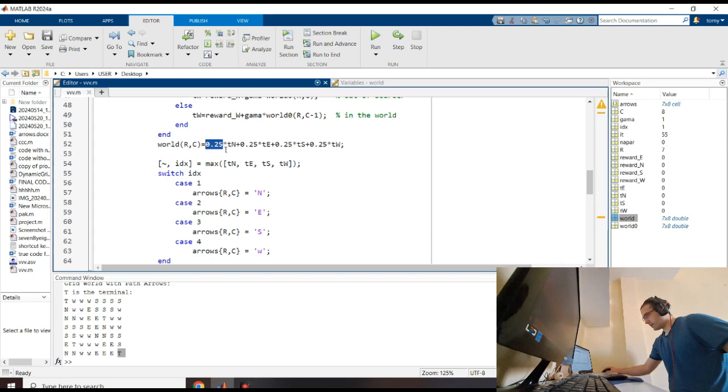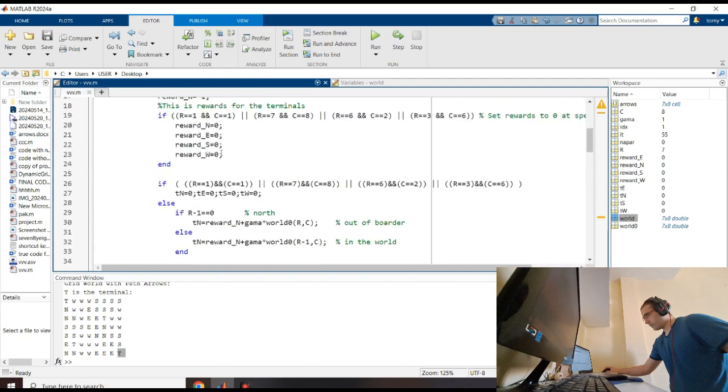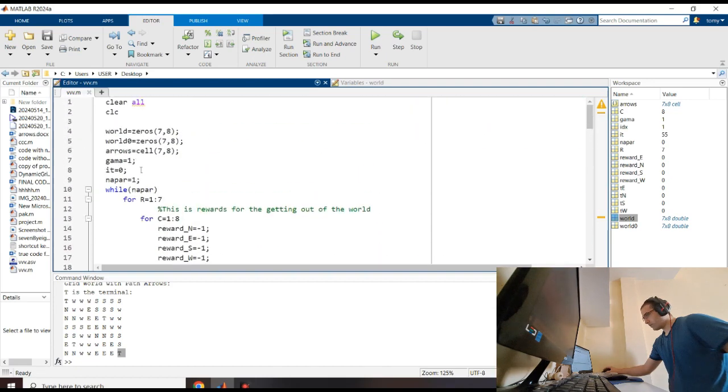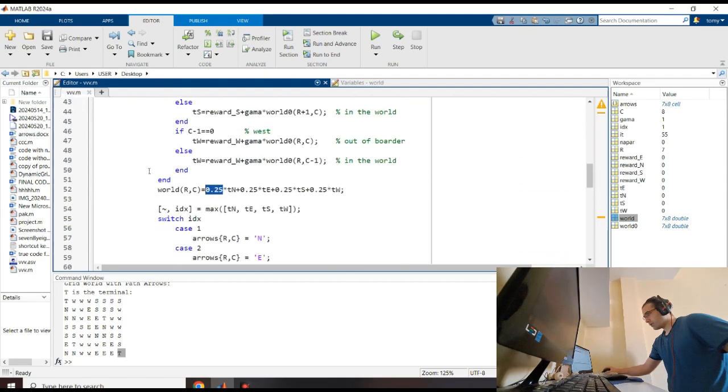And it gets multiplied by 25%. What is 25? By 25, I mean it is the value of every direction. It is the policy, I think.